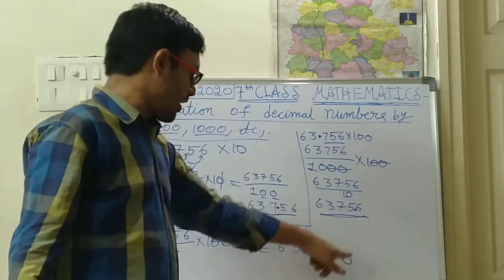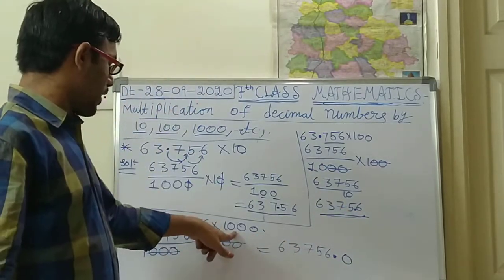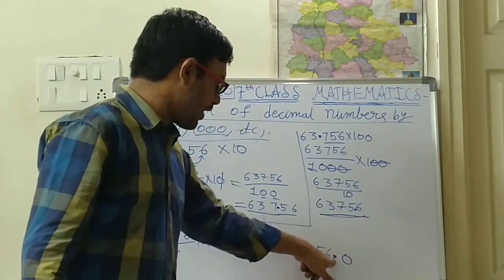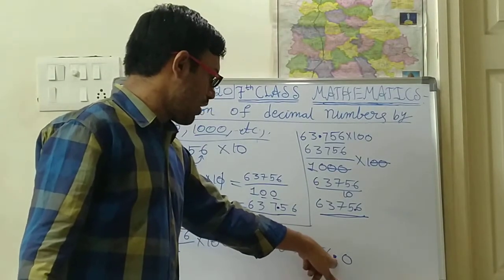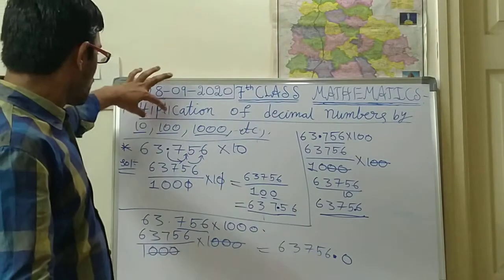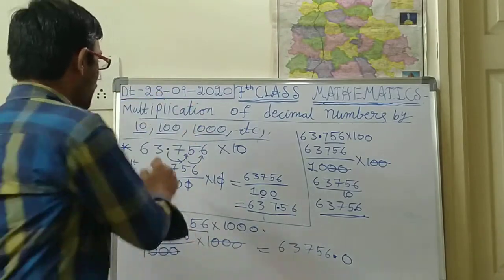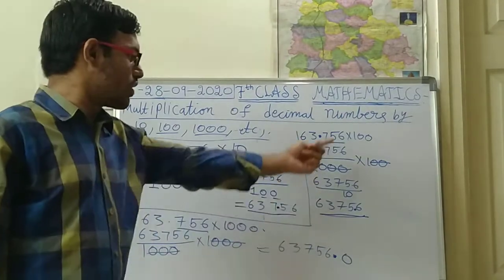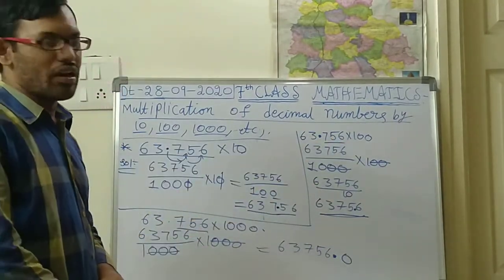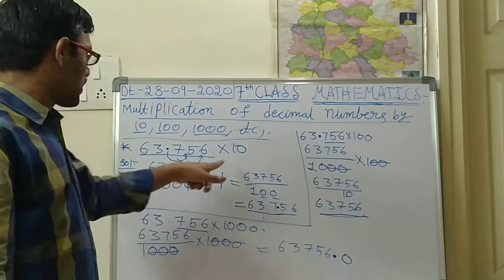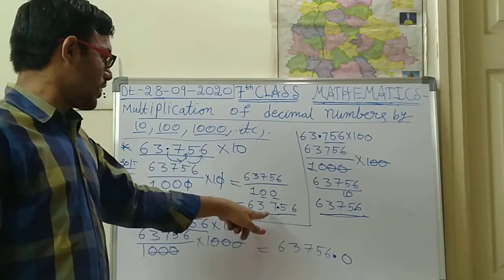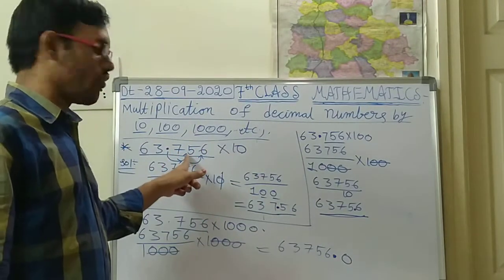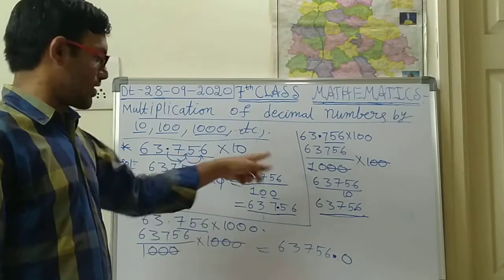If the number is multiplied with 100, the decimal point comes before the 6. But again if the number is multiplied with 1000, then the decimal point came after 6. So here the same number I have taken and I have multiplied with different multiples of 10. First I multiplied with 10. It came one step forward, towards the right side.